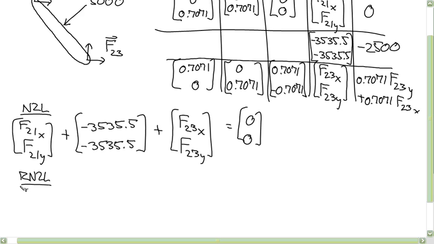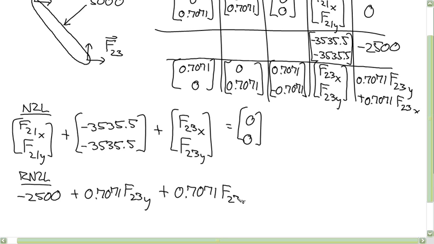And the rotational equation says negative 2500 plus 0.7071 F23y plus 0.7071 F23x is equal to 0.